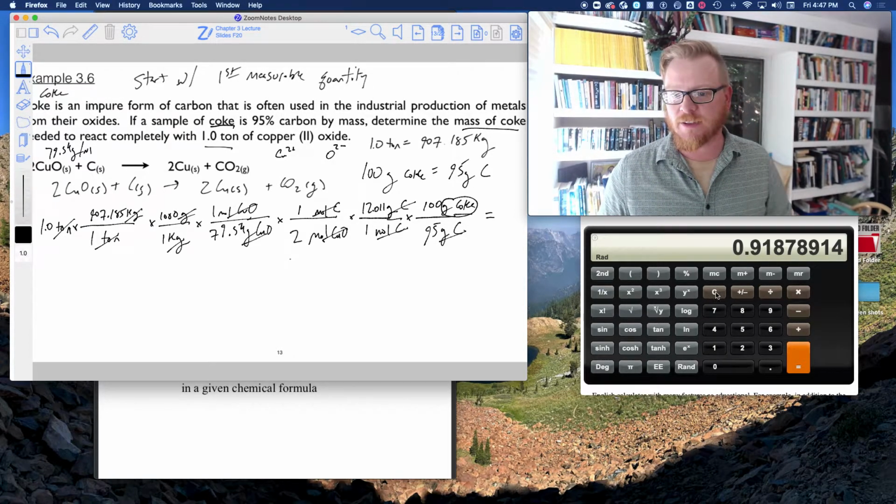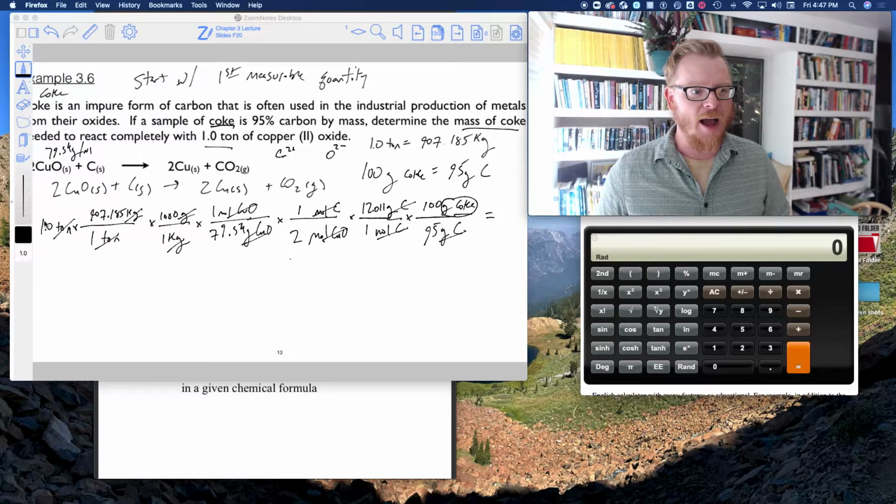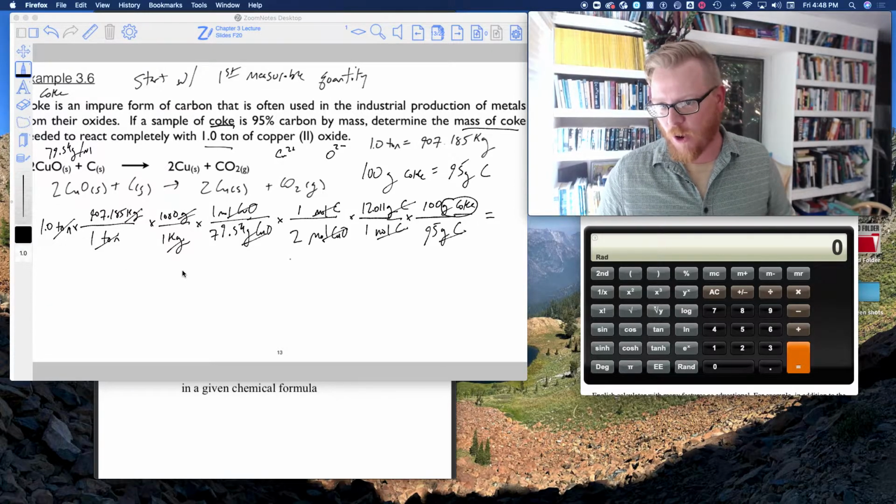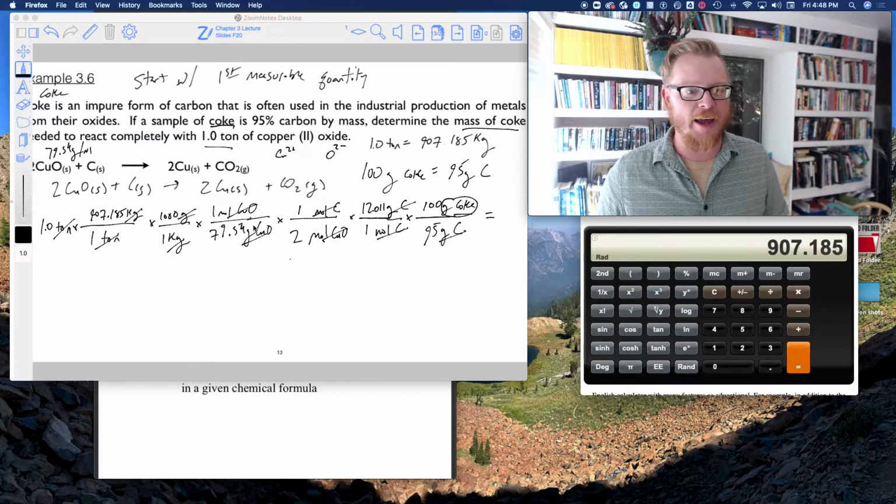So let's calculate it away, all right? I'm going to start here. I'm not going to say 1.0 because I know that I don't need to multiply with that number. So I'm going to start with 907.185 times 1,000 equals, times 1 times 1 times 12.011, okay, equals, and then times 100 equals.